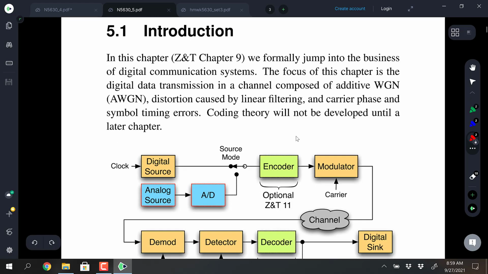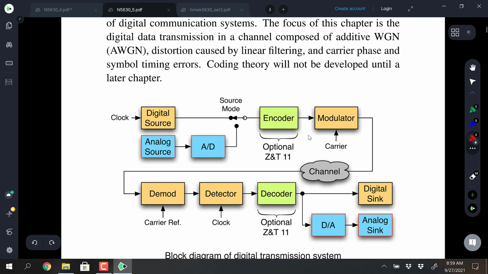So if we go into chapter 9, now we're into the business of digital communications, and mostly in a white Gaussian noise channel. That means additive white Gaussian noise. And then we have the potential for distortion caused by some linear filtering process that's not quite what we wanted.